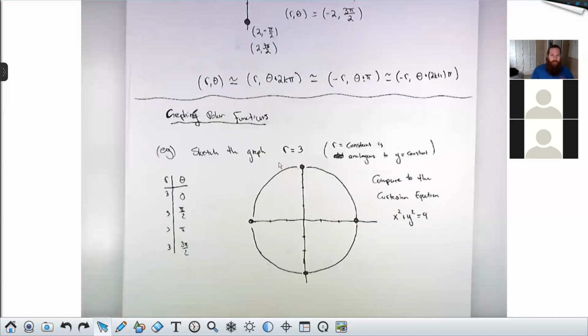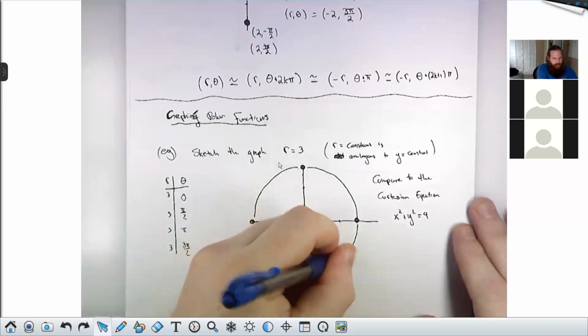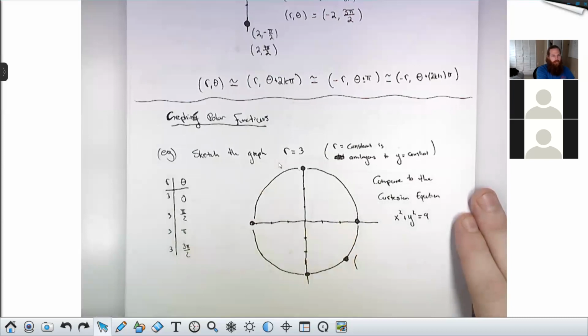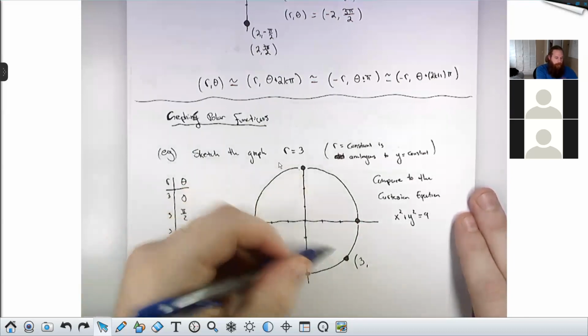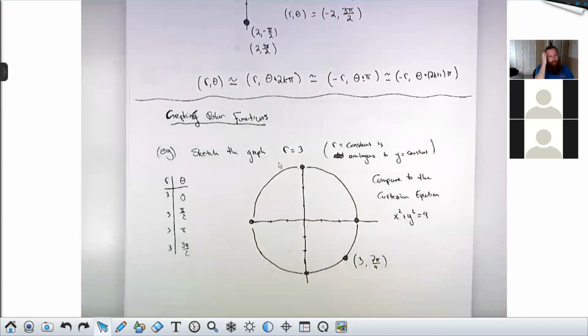So this is one example of polar coordinates making life easier. What you'll discover is that any time you're in a situation with a lot of radial symmetry, a lot of circular symmetry, the polar system is going to simplify things. What is this point? Exactly halfway through quadrant 4. What's the r value there? And I could think of the theta value here as being 7 pi over 4, or negative pi over 4.